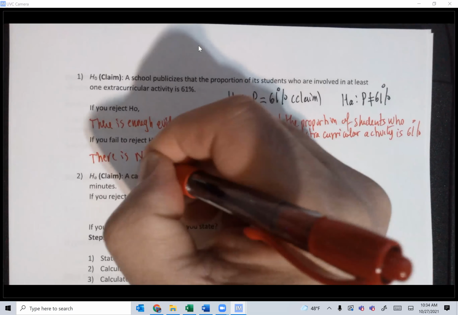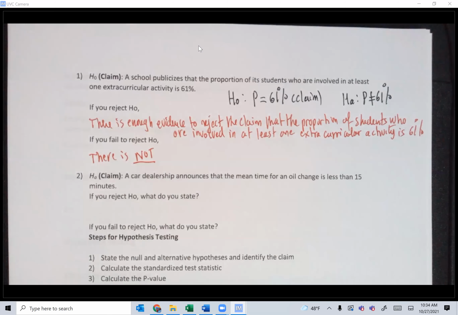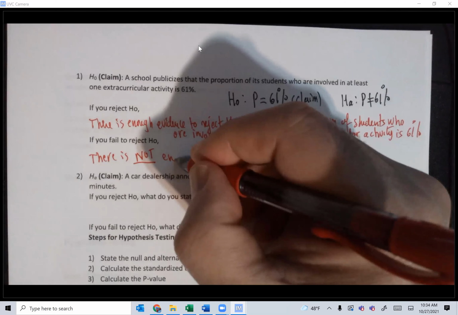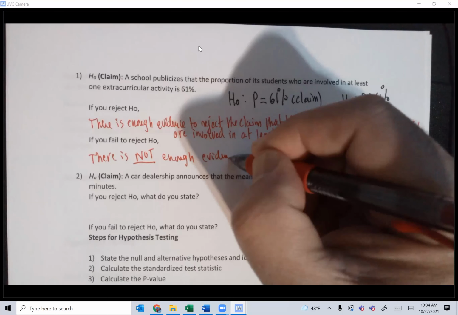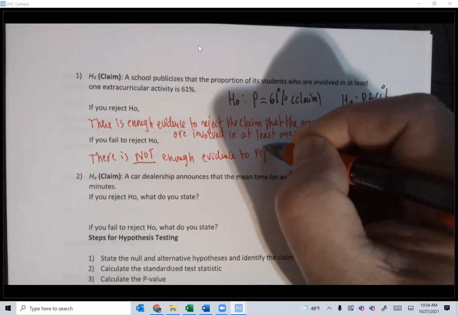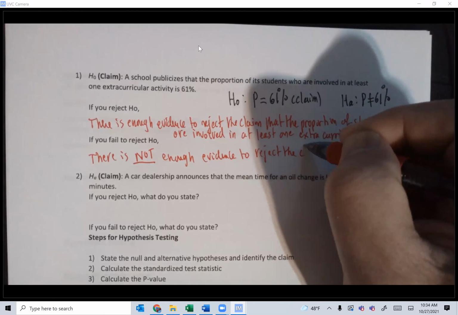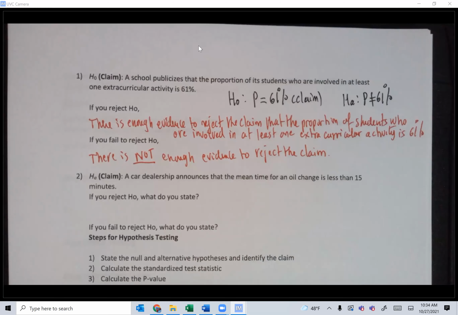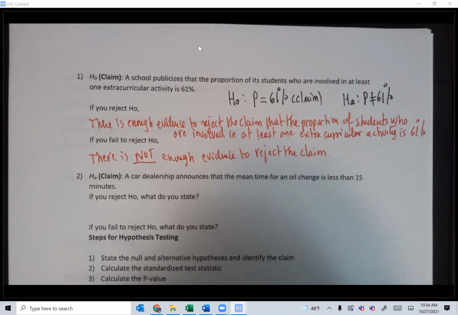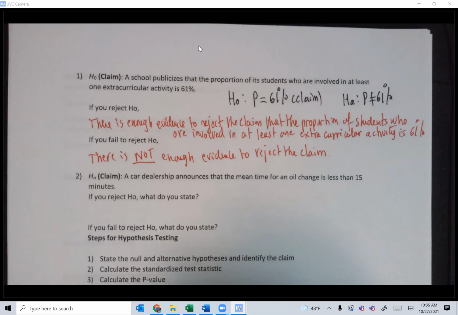I usually want students to write it down because your last conclusion in a hypothesis test is for a reader who doesn't understand the statistics. They need to know whether that claim is valid or not valid. They don't care about the work that you did prior to that. It's just a final statement.